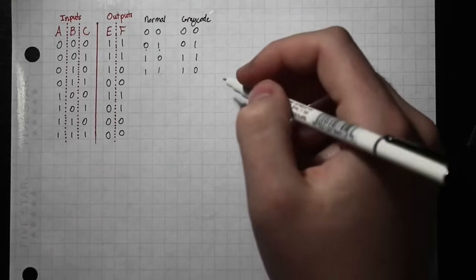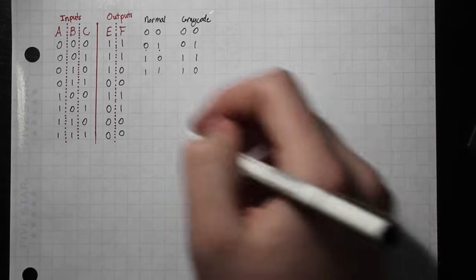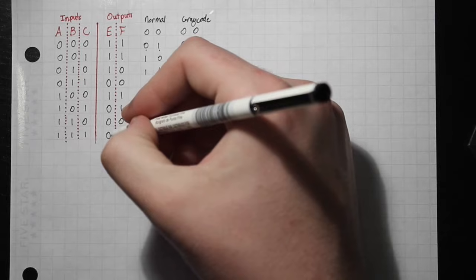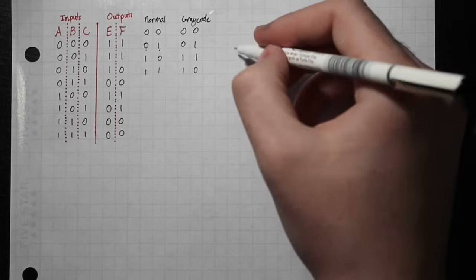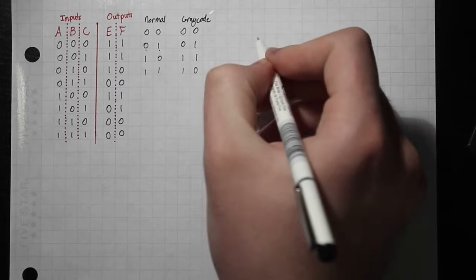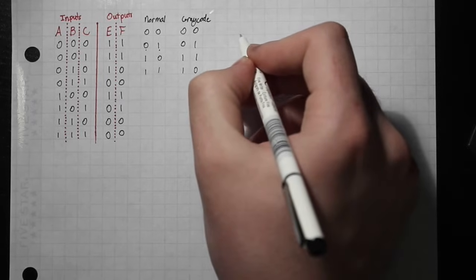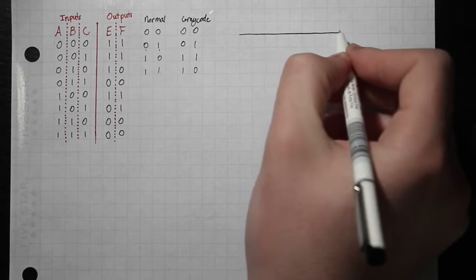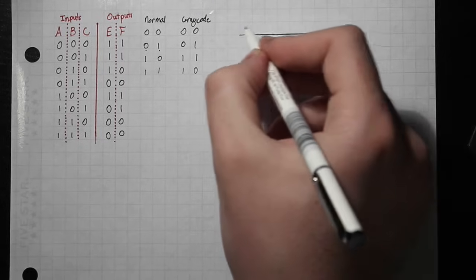So let's go ahead and draw the Karnaugh map for E. We have 8 output rows, so we're going to draw a 4x2 grid. I'm going to make it twice as wide as it needs to be on my graph paper. So we got 1, 2, 3, 4, 5, 6, 7, 8.